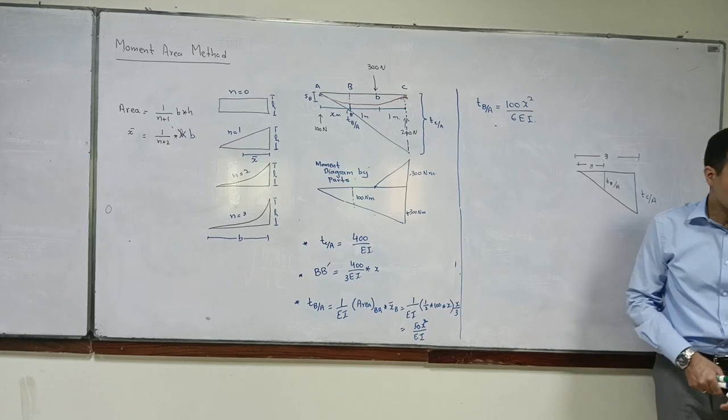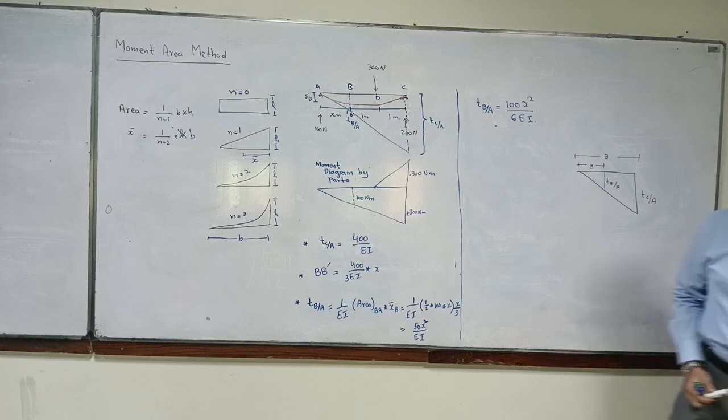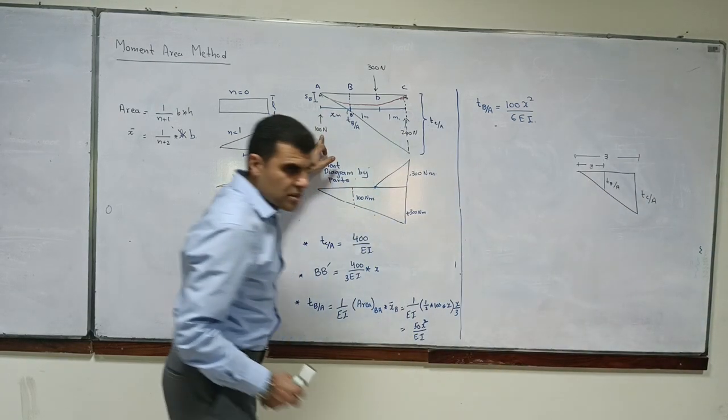How do we know that it is 100 like X? Sorry? This is 100 Newton.